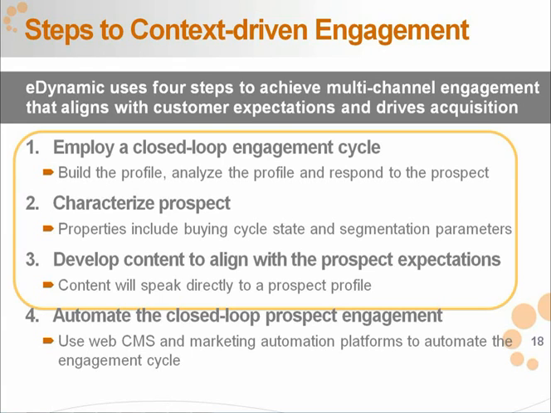We go through a loop, we send information out to people, they respond to that, and then we look at that information that we get back from them, we analyze it, and then we send information back to them via email, via the web experience that, again, is aligned with what they told us about themselves. We begin to characterize the prospect, so understanding, as I said, the buying cycle, segmentation, and then we develop the content that supports that.